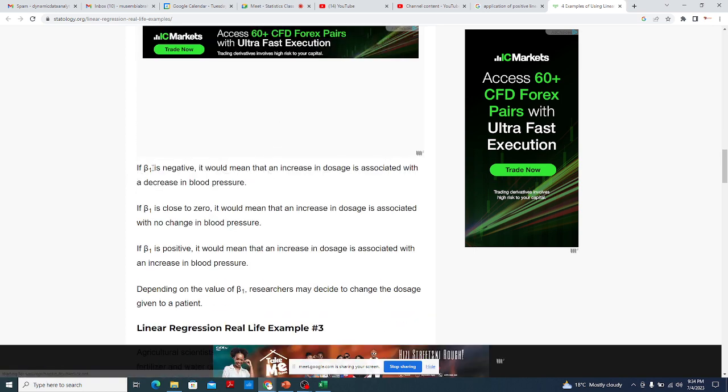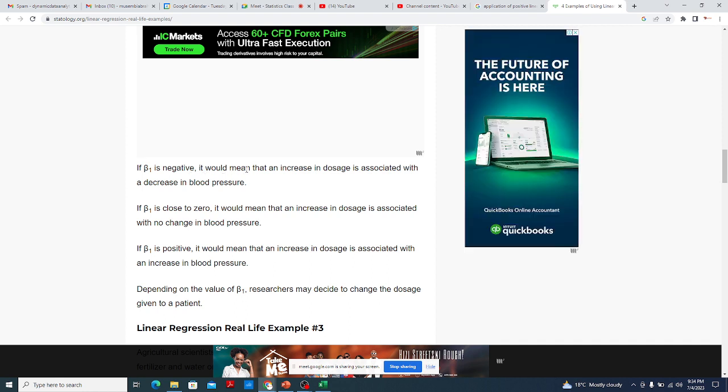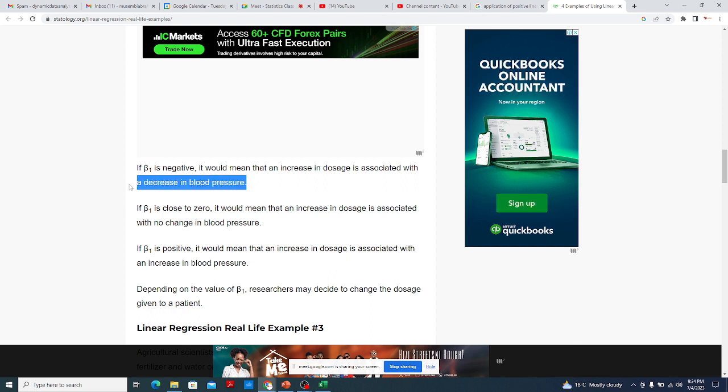So if B1 is negative, it means that an increase in dosage is associated with a decrease in blood pressure.